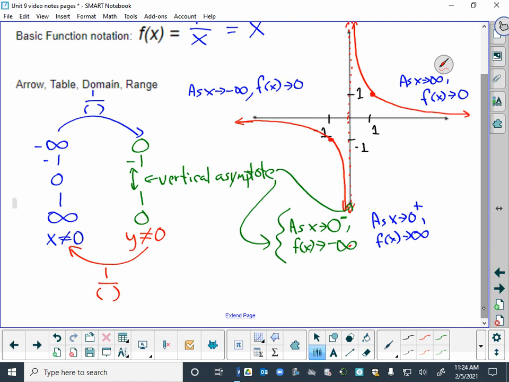Okay, so if you want to undo a flip over, you flip over. And so if we're at a place with an arrow diagram that we need to go backwards, the opposite direction of a reciprocal, then the opposite direction is also a reciprocal. And we can see that happening here a little bit.